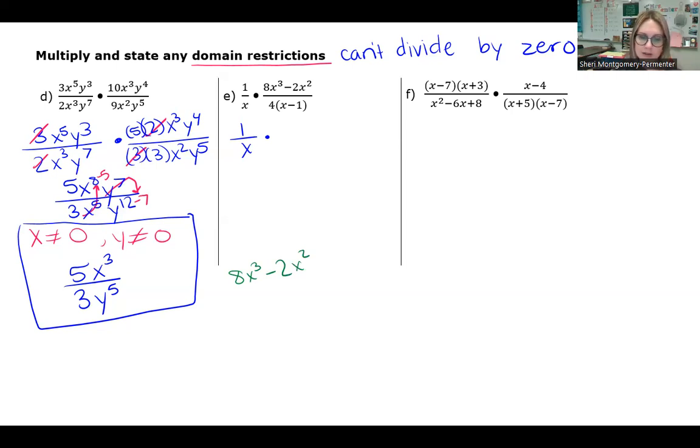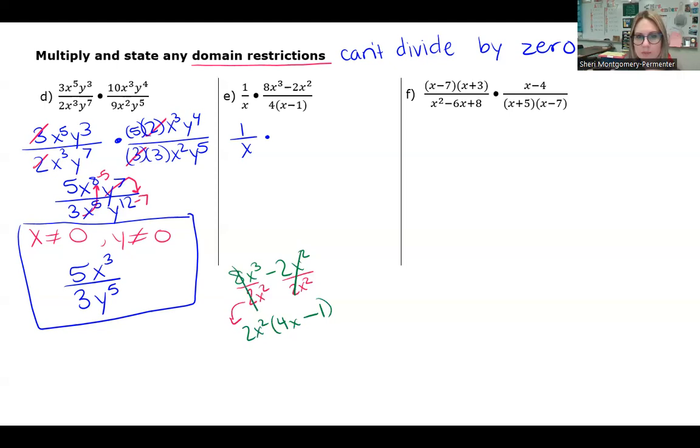There is a GCF. I can factor out a GCF. What can divide into both of those? 2. What about any x's? Two x squared. If I factor that out, it gets written in the front. I'm left with 8 divided by 2 would be 4. 3, 2, 1, I have 1x. 2x squared over 2x squared just becomes 1.